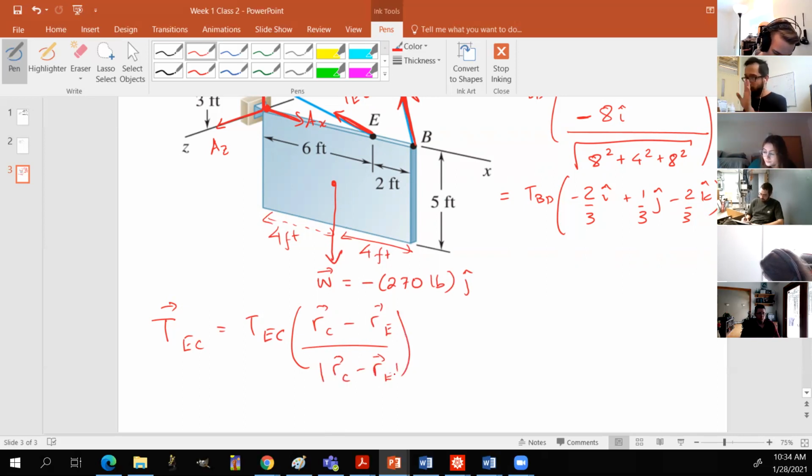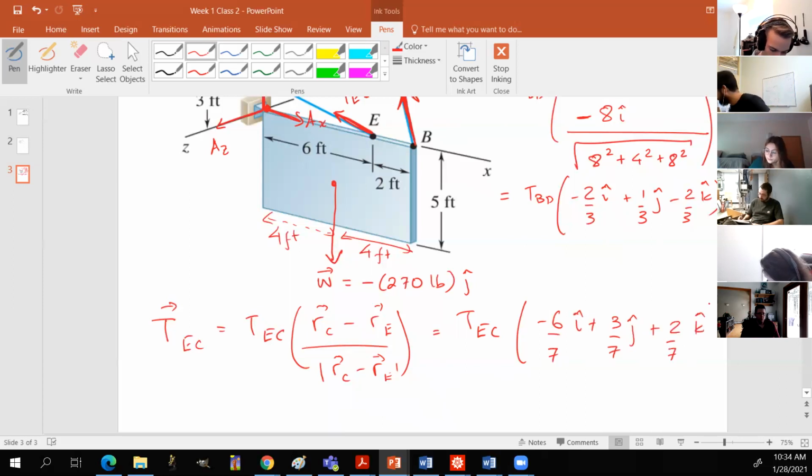I'm not going to work this one out. We're all grown-ups here in terms of what statics is. So just writing out what the final thing comes out to be. So that's just T_EC times minus 6 over 7 i hat plus 3 over 7 j hat plus 2 over 7 k hat.